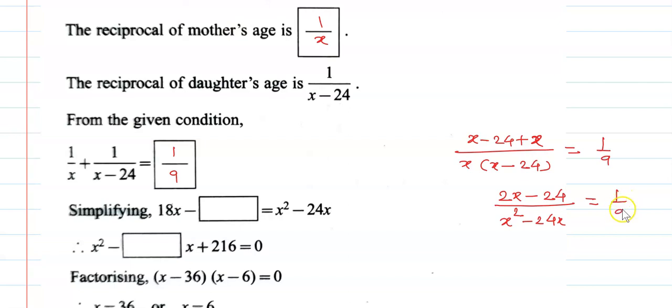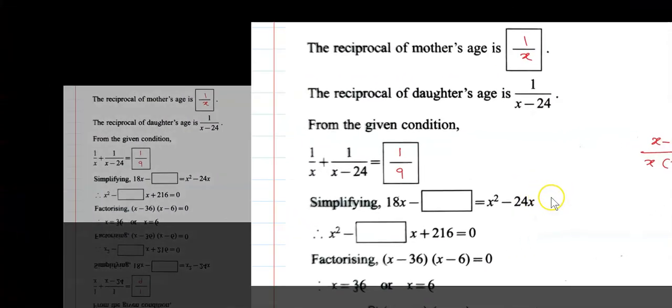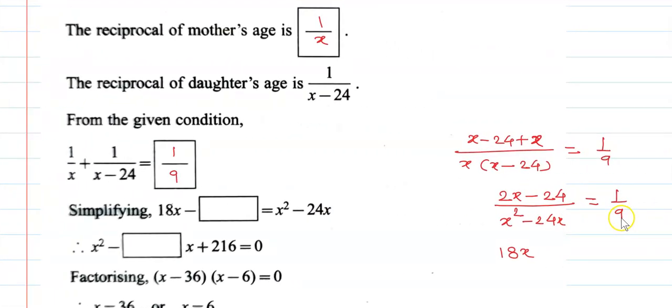Now, after the cross multiplication, 9 into 2x, you will get 18x, and 9 into 24, you will get 216, is equal to x square minus 24x.